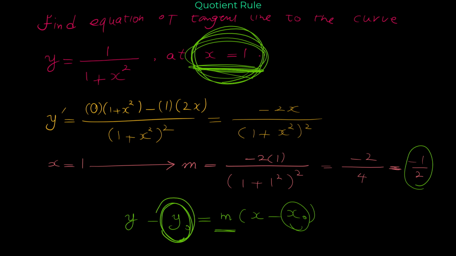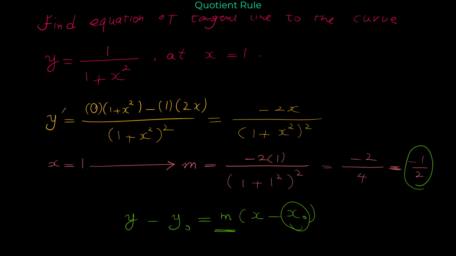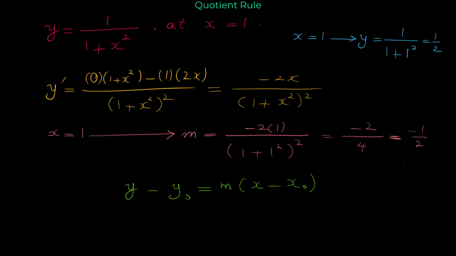What is y value when x is 1? Plug in 1 in this function. Simply we can find the y value when x is 1. If we substitute 1 in this function, when x is 1, the y value corresponding to 1 is 1 over 1 plus 1 to the 2. It equals 1/2. Now we have everything that we need for writing equation of the tangent line.